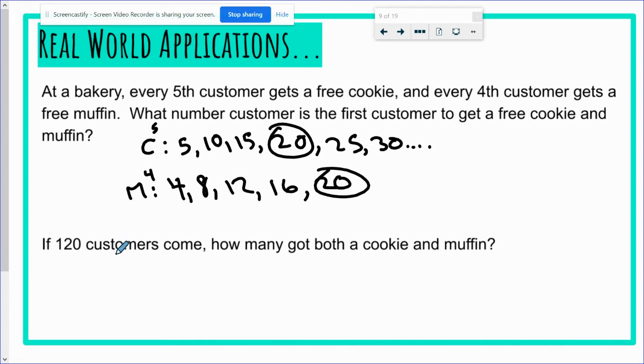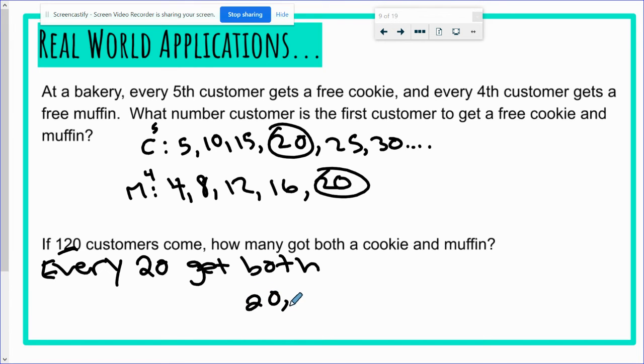Now, follow-up question. If 120 customers come, how many got both a cookie and a muffin? So we know that every 20 get both. That is what we discovered in our first part. So now let's count by 20 until we get to 120.